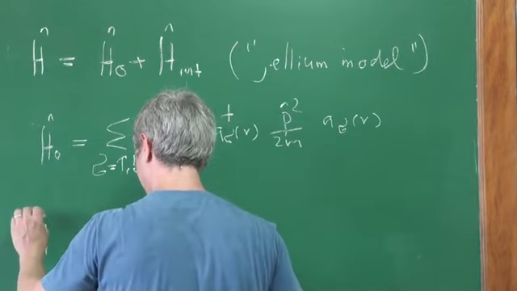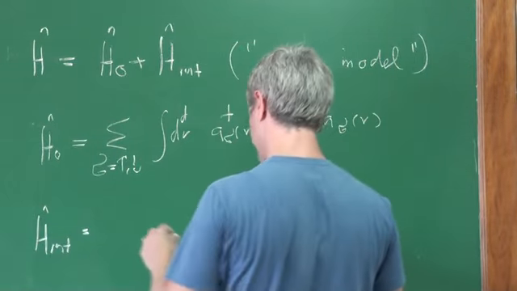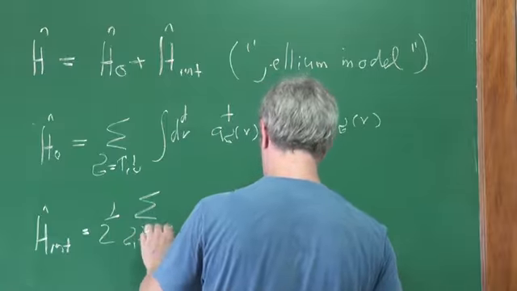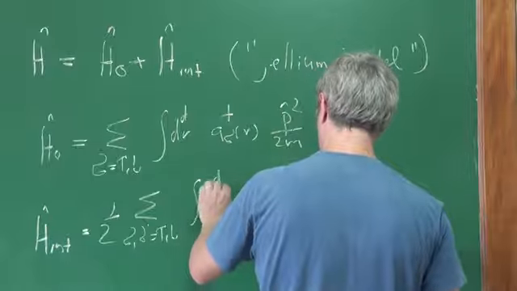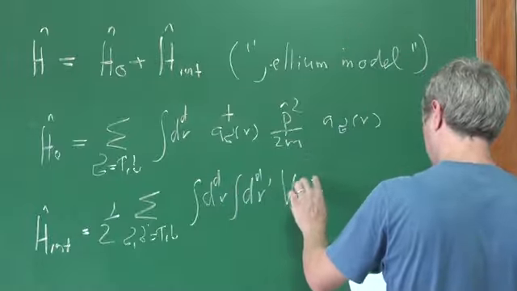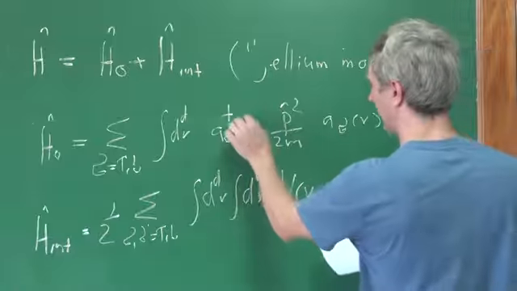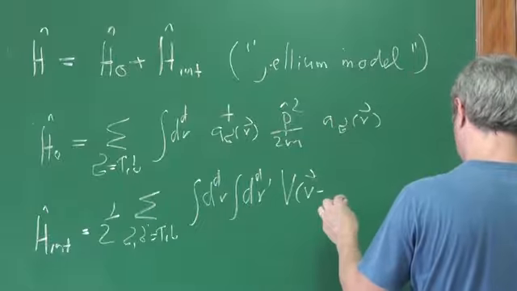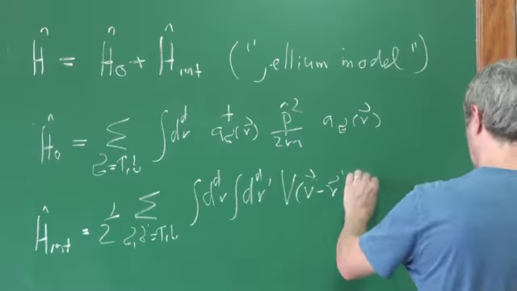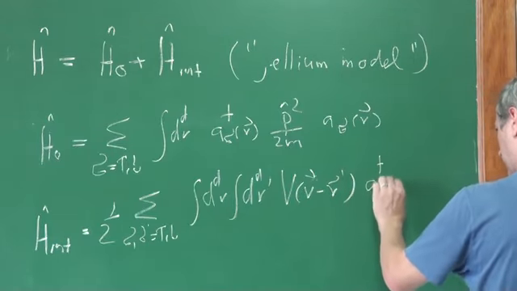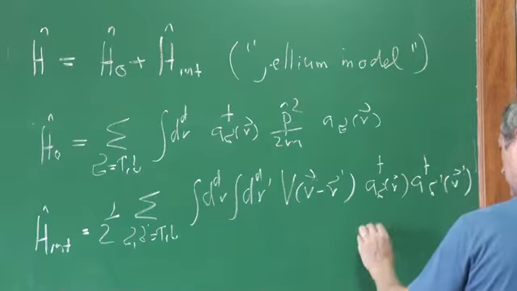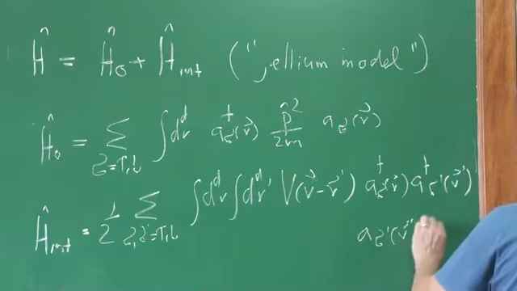And the interacting part, where sigma and sigma prime mean spin up and spin down, and then the integral over d^d r and d^d r prime, of psi dagger sigma r, psi dagger sigma prime r prime, psi sigma prime r prime, psi sigma r.